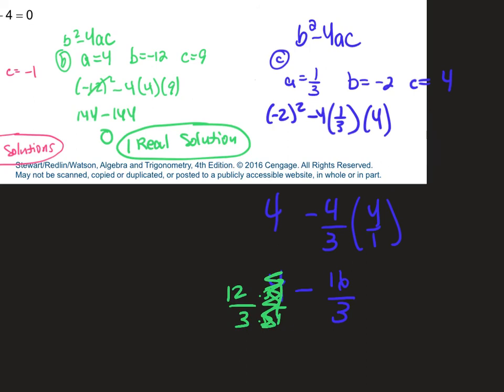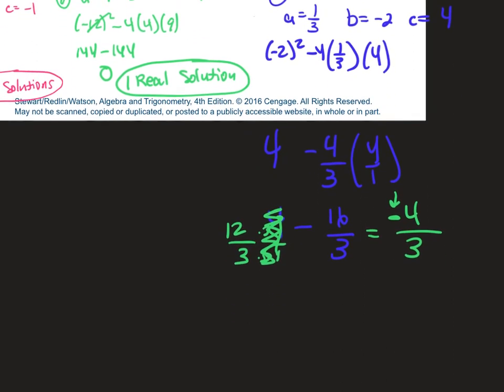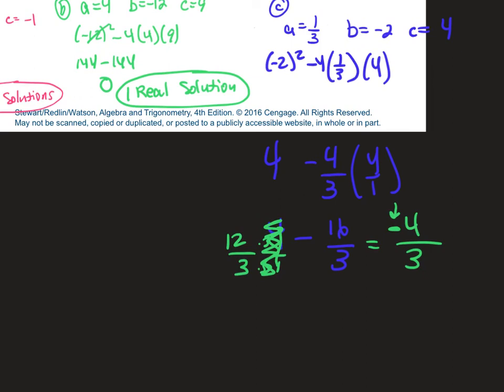What's 12 thirds minus 16 thirds? What's 12 minus 16? Negative 4. Okay? Doesn't matter that it's a fraction. Doesn't matter the value of it. The thing that matters is that this is a negative underneath the square root, which means what about my solutions if it's negative?